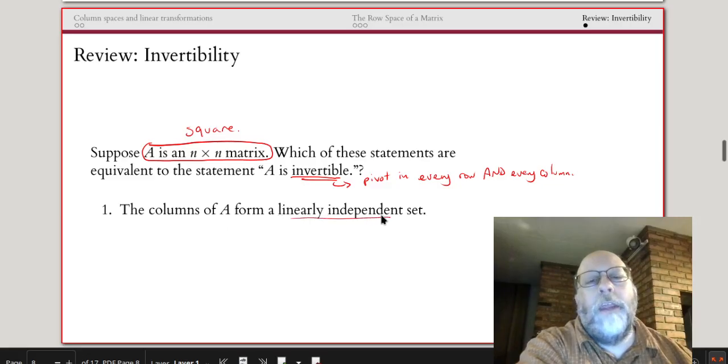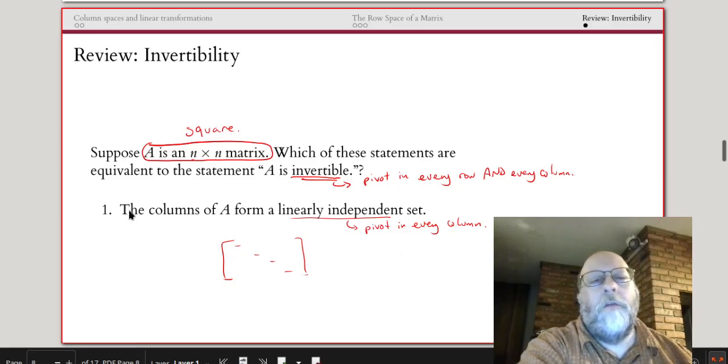Well, we know that linearly independent means there's a pivot in every column. But since the matrix is square, having a pivot in every column also means that we have a pivot in every row. And so just saying that the columns are linearly independent, these two statements are equivalent.